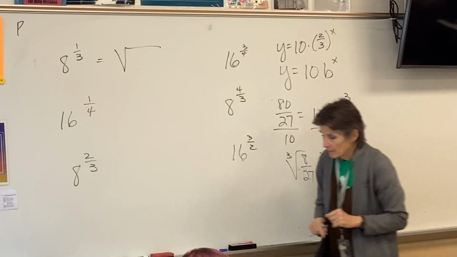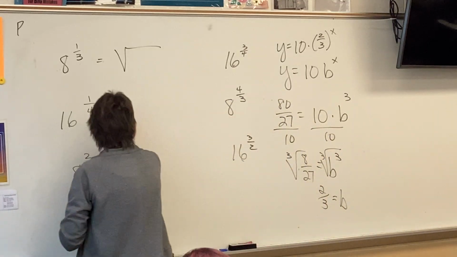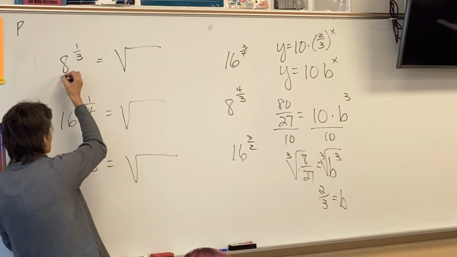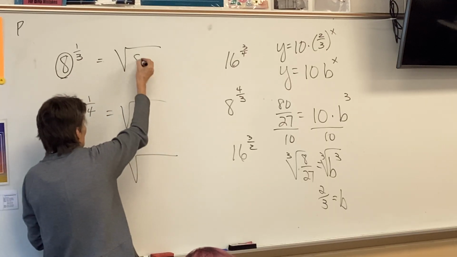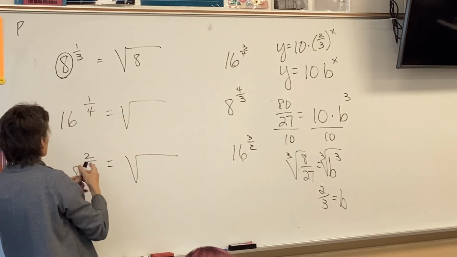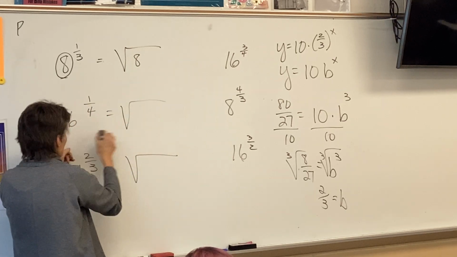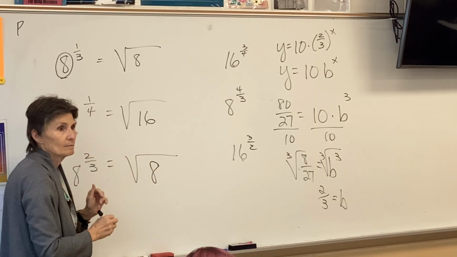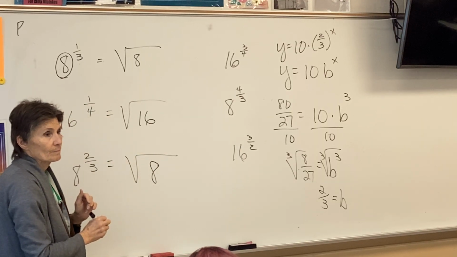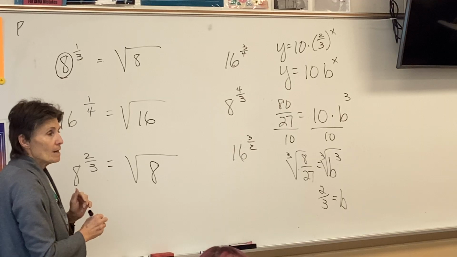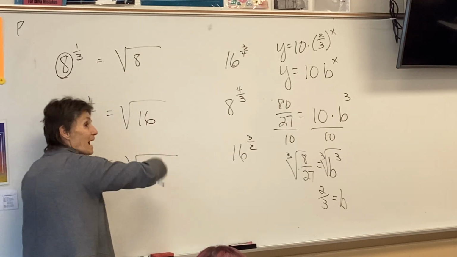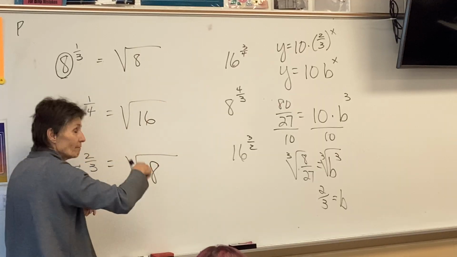All right. So all of these are going to be radicals. This number goes under the radical. So this one's gonna have an 8 underneath it, this one's gonna have a 16 underneath it, this one's gonna have an 8 underneath it. The exponent tells you what kind of radical you have.